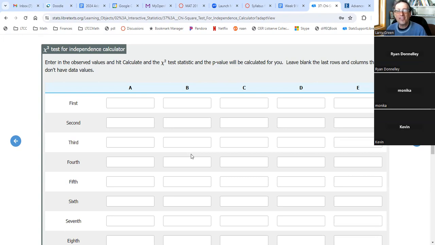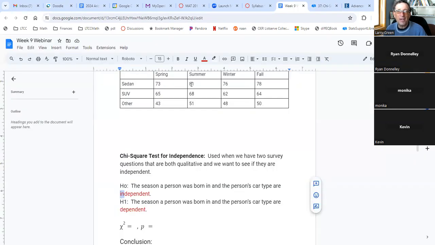It turns out it doesn't matter whether you write columns or rows. You get the same answer. So whatever's easier to type is what you should do. In my table, we have the 73, 81, 76, and 78 as the first row. It could be the first column. It really doesn't matter as long as you're consistent. Is that clear?